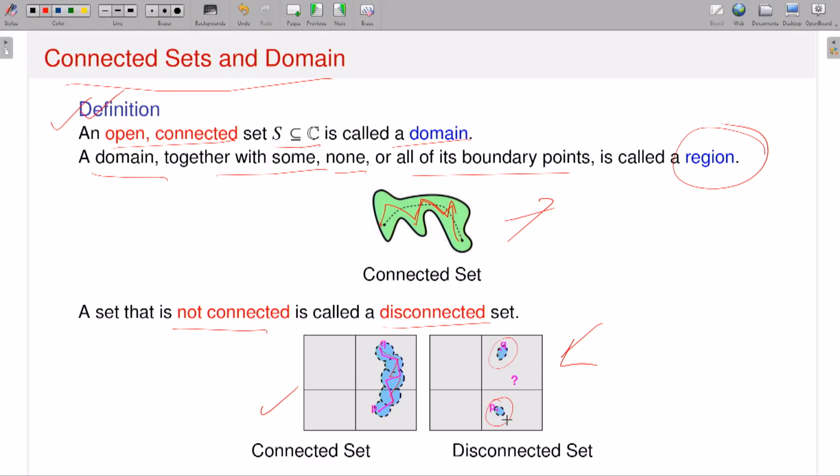Because if I take a point here, I can join these 2 points like this, but this path is not fully contained in the union of this and this. So this set is disconnected. This is a connected set, this is a disconnected set. I hope it is clear, because from the picture it is quite clear this portion will not be lying inside this union this.